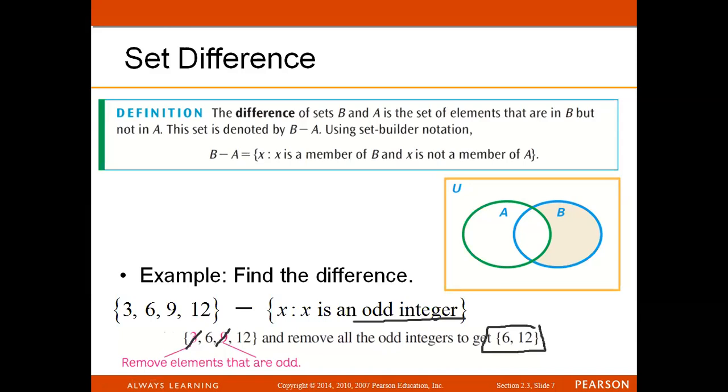And visually, B without A is to look at the B region and shade everything except for regions of B that are also in A.